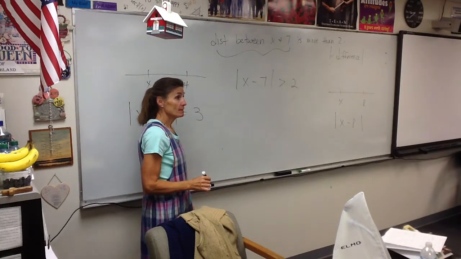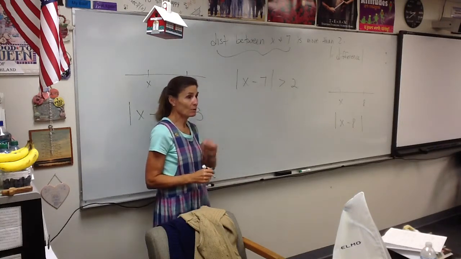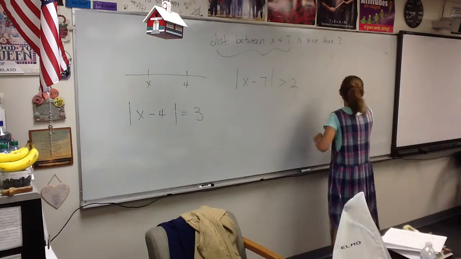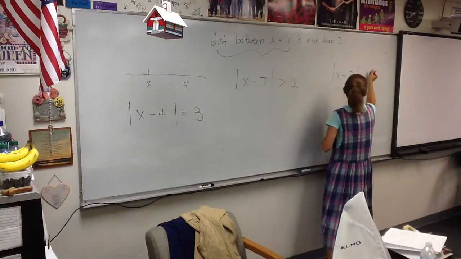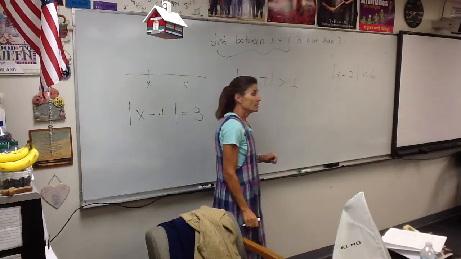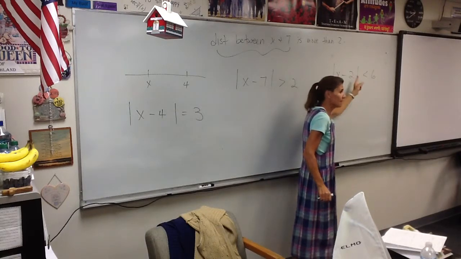Got it? Now here's the really cool thing, people. It works backwards. So if you found an inequality that looked like this, what does this say? What is this talking about?